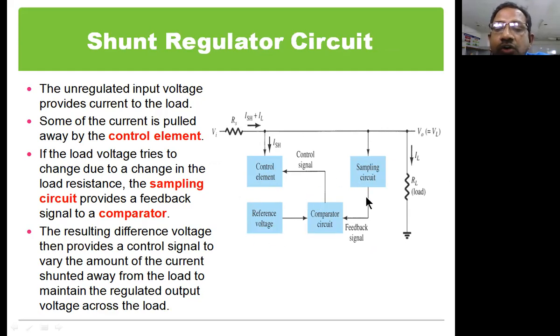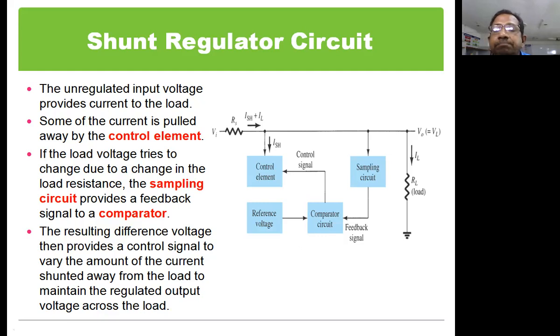The other elements remain the same: the sampling circuit, comparator circuit, reference voltage, and the output of the comparator is given to the control element as a control signal. Only the input current I gets divided into ISH and IL. The sampling circuit is not drawing any current because we employ voltage sampling, which does not draw any current from the output lines.